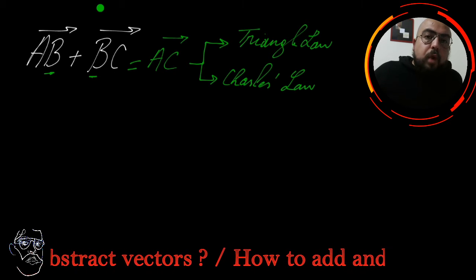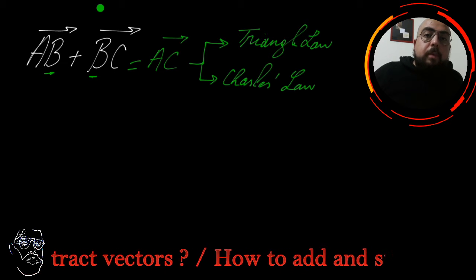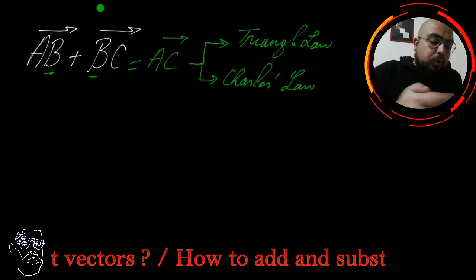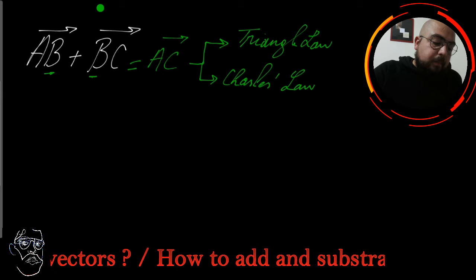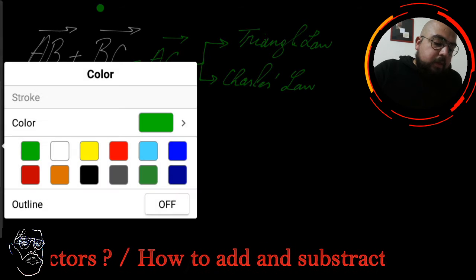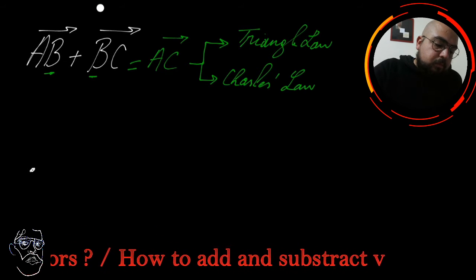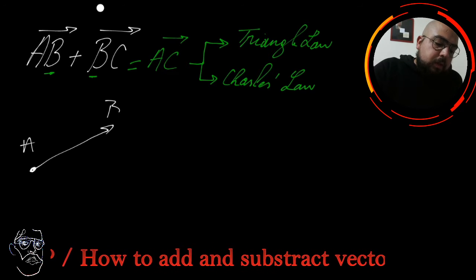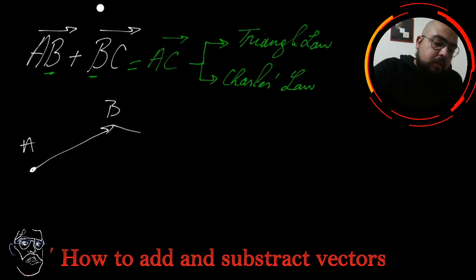In the previous video I already mentioned that vectors are related to displacement. So how do we represent AB plus BC? Let's say this is our vector AB, and this is our vector BC.